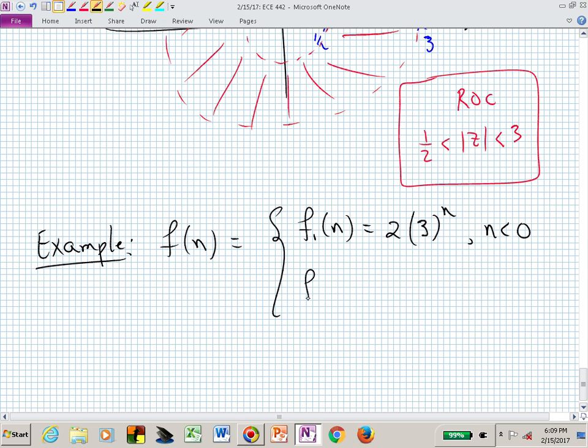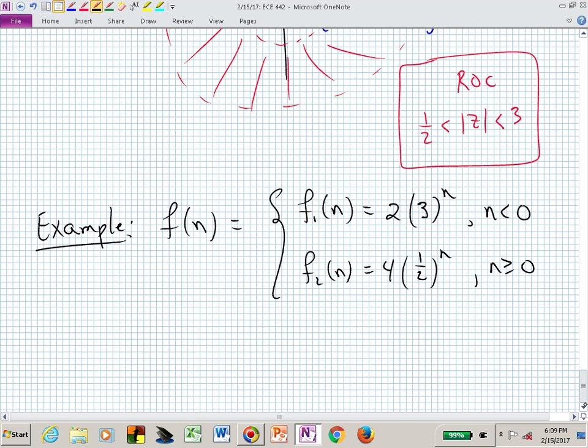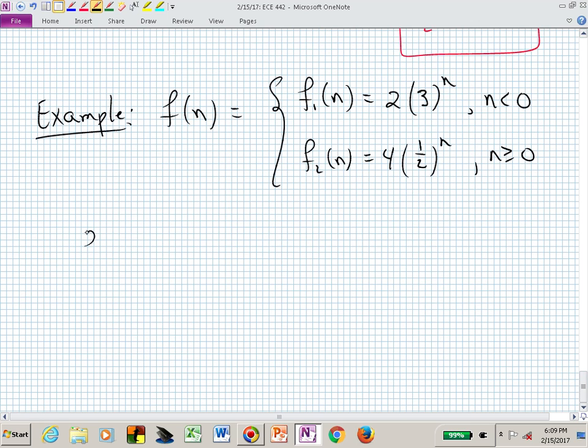And let's say that f sub 2 of n is 4 times 1/2 to the n for n non-negative. Or we could have said that f of n now is really f1 of n plus f sub 2 of n, where we have the understanding that f sub 1 of n is only defined for negative n's, and f sub 2 of n is defined for non-negative n's.